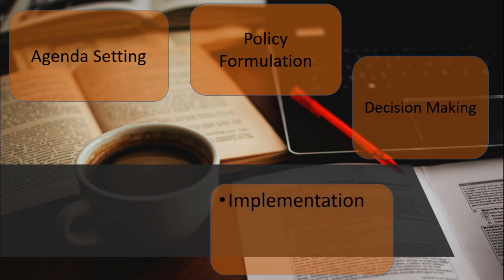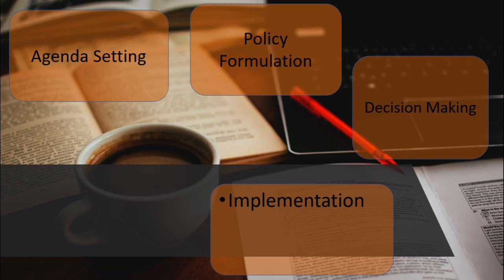Now, after making a decision on which particular policy choice to take, policymakers then implement the decision that they've made, the policy choice that they chose. They have to execute it, and this is the stage we call the implementation stage.